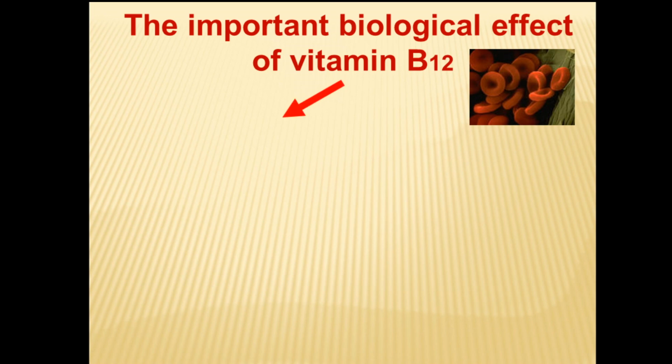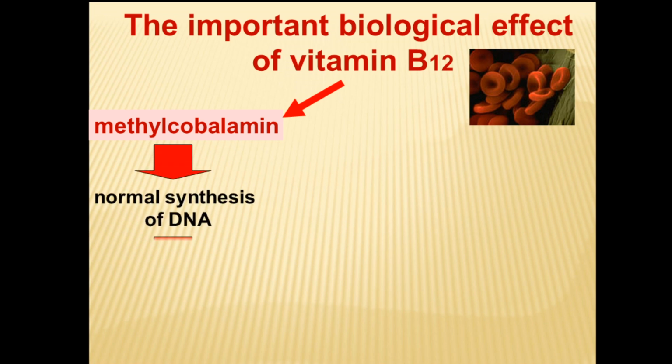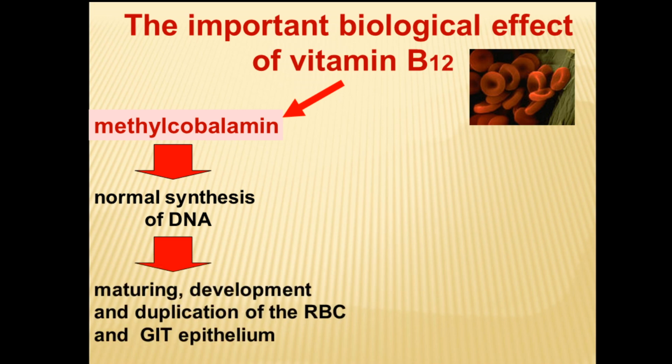Vitamin B12, except hemopoietic activity, is needed for activity of the nervous system, because in our organism it is presented in two forms. Methylcobalamin is needed for normal synthesis of deoxyribonucleic acid, which takes part in hematopoiesis, maturation of red blood cells, and control of structure of gastrointestinal tract epithelium.